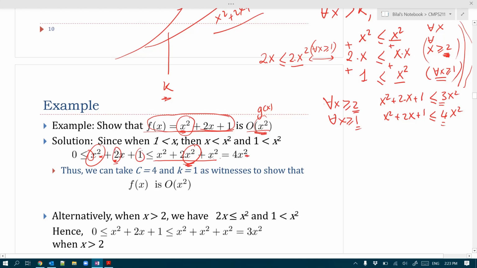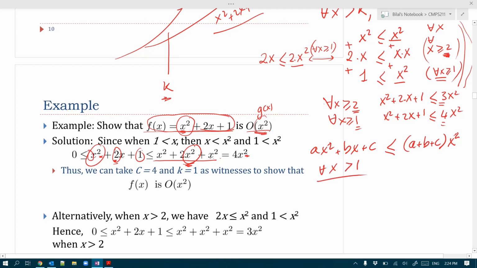I mean, if your polynomial is ax squared plus bx plus c, you will find that this is less than or equal to a plus b plus c multiplying x squared, for every x that is strictly greater than 1.